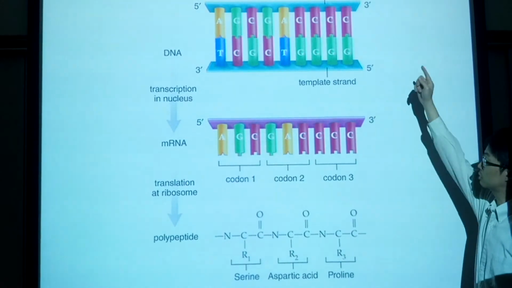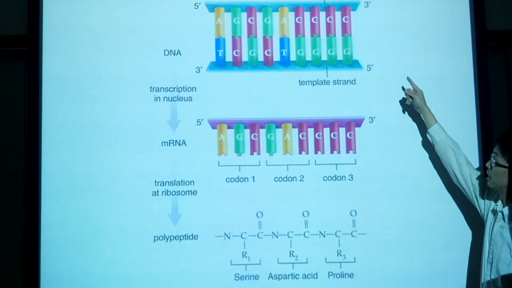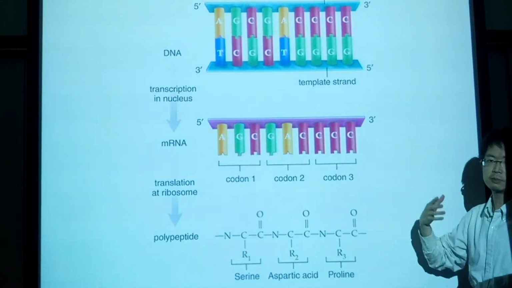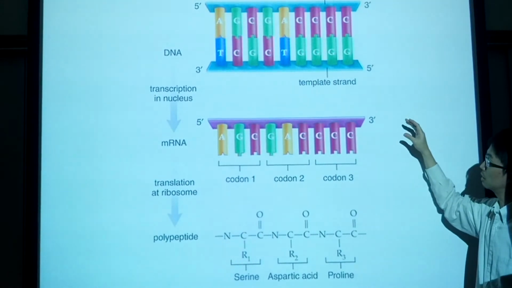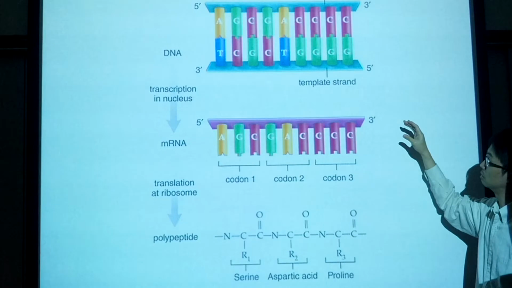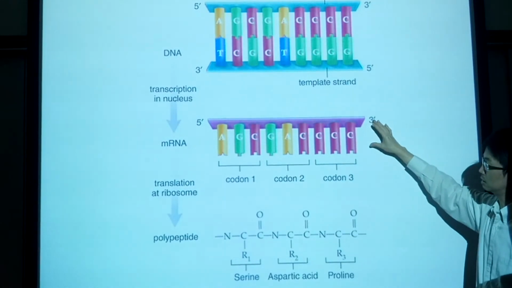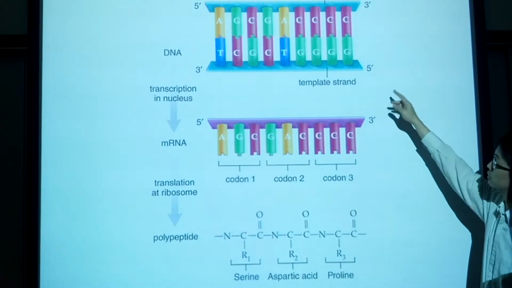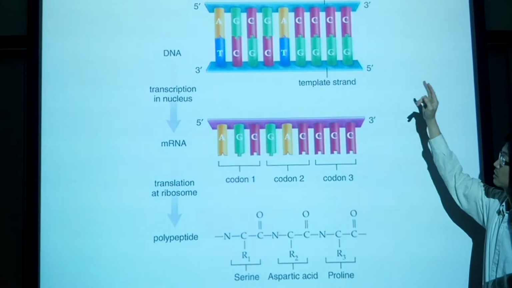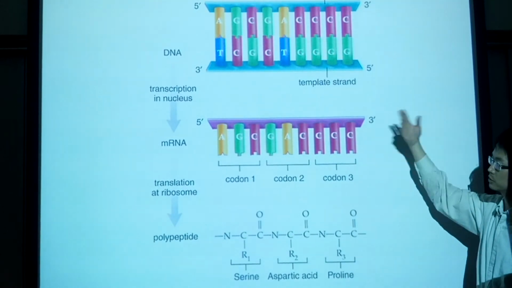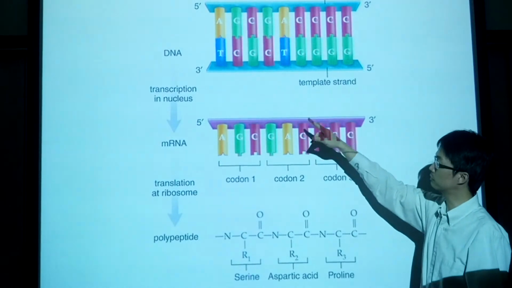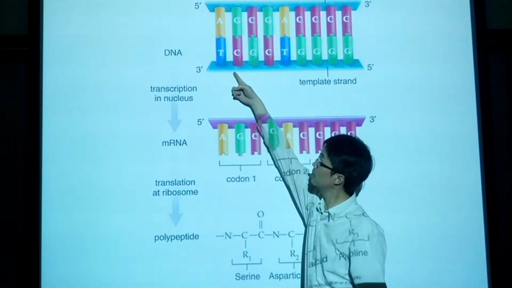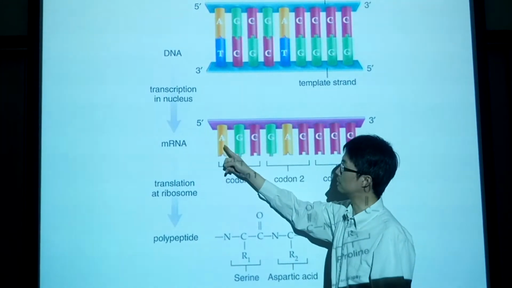And then we use the coding strand to make the messenger RNA. Sorry, we use the template strand. We use the template strand to make the messenger RNA. And the messenger RNA will consist of, since it is T, you have the A here.